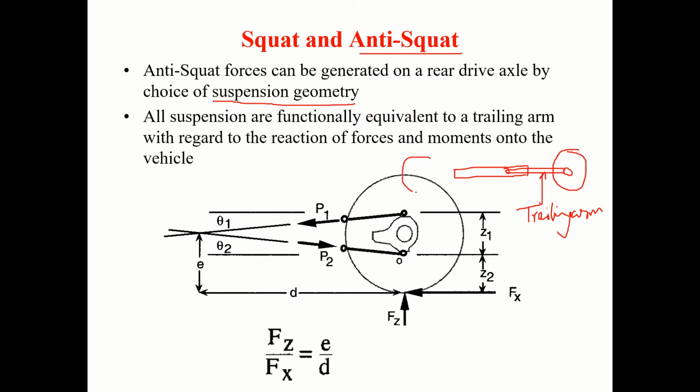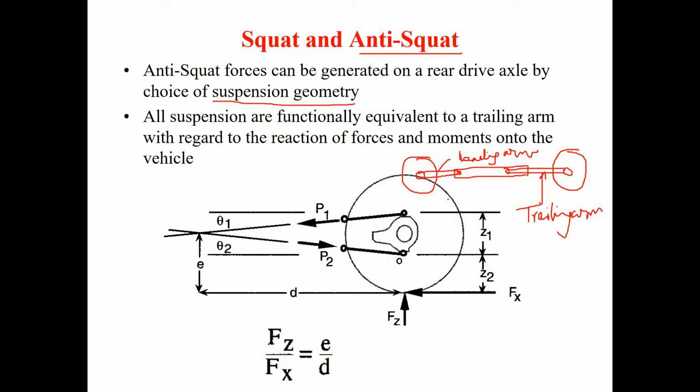Suppose your wheel is here, front wheel. If we attach this, then this is a leading arm. Okay, trailing arm. So all suspensions are functionally equivalent to a trailing arm with regard to the reaction of forces and moments onto the vehicle.